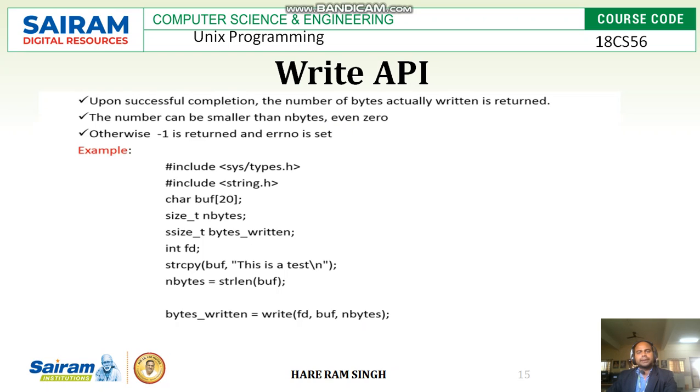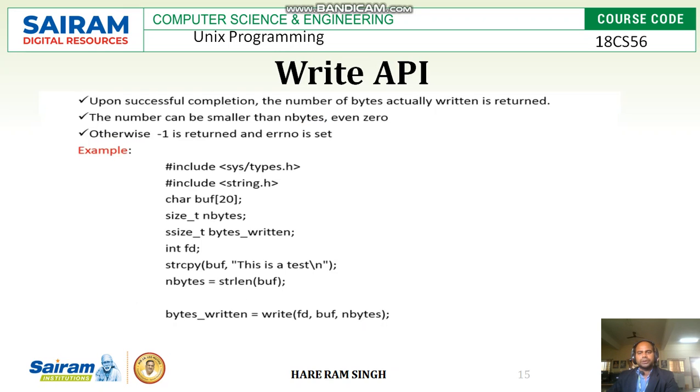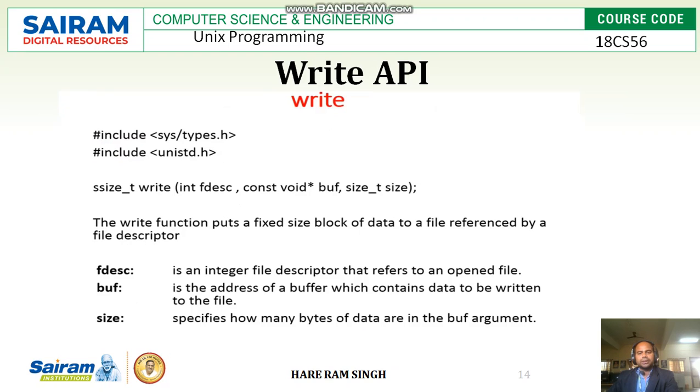So how many bytes need to be written, that can be smaller than n number of bytes, and it can even be 0 also. And if this write API is not executed successfully, then it will return -1.